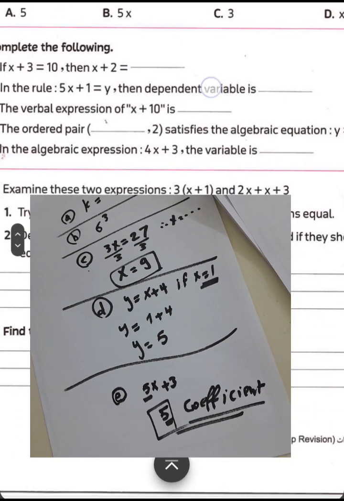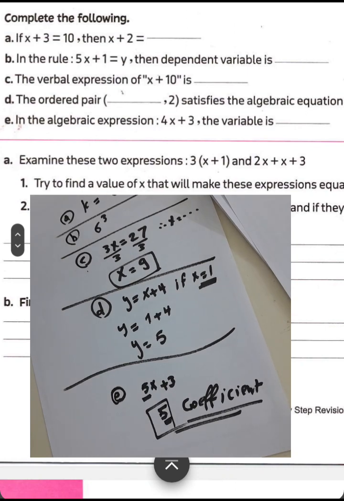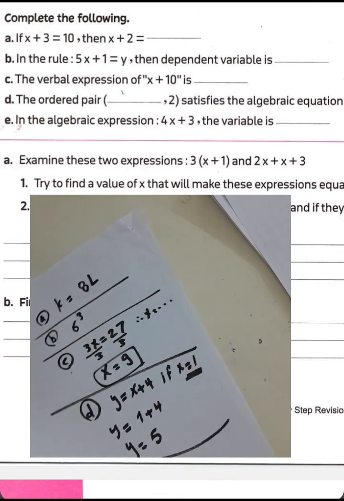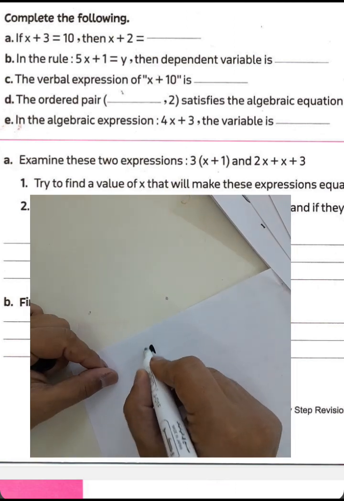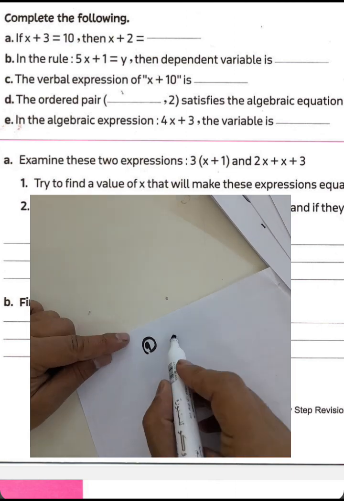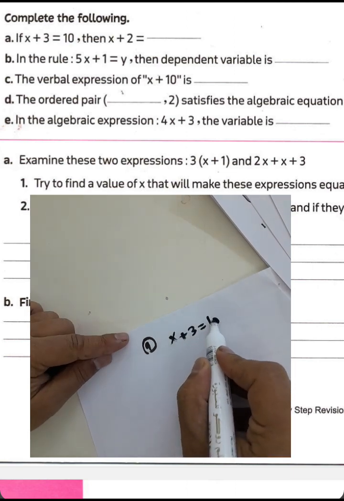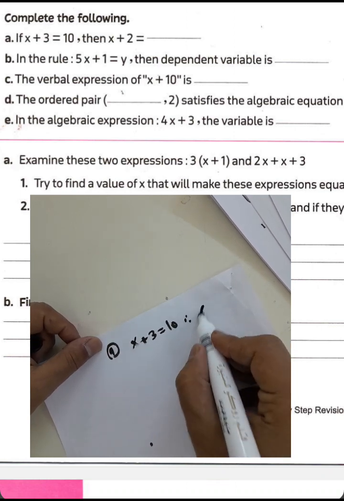Next question, complete letter A. If x plus 3 equals 10, then find x plus 2.